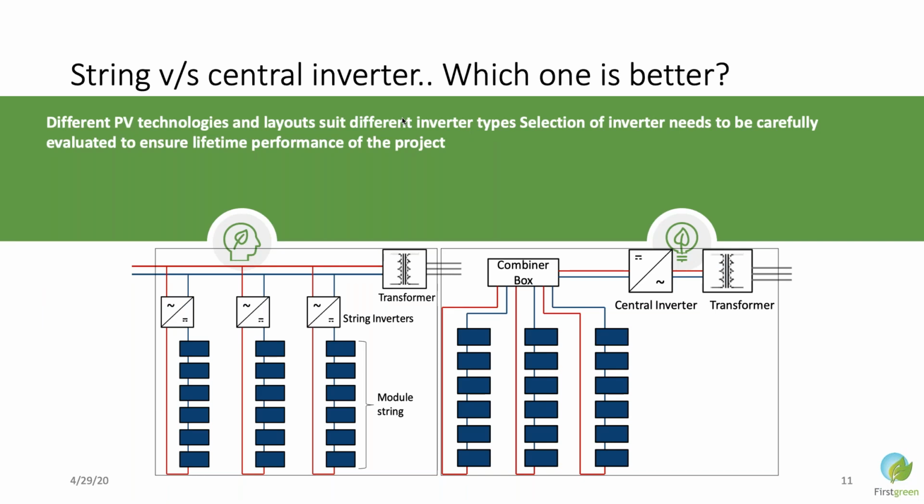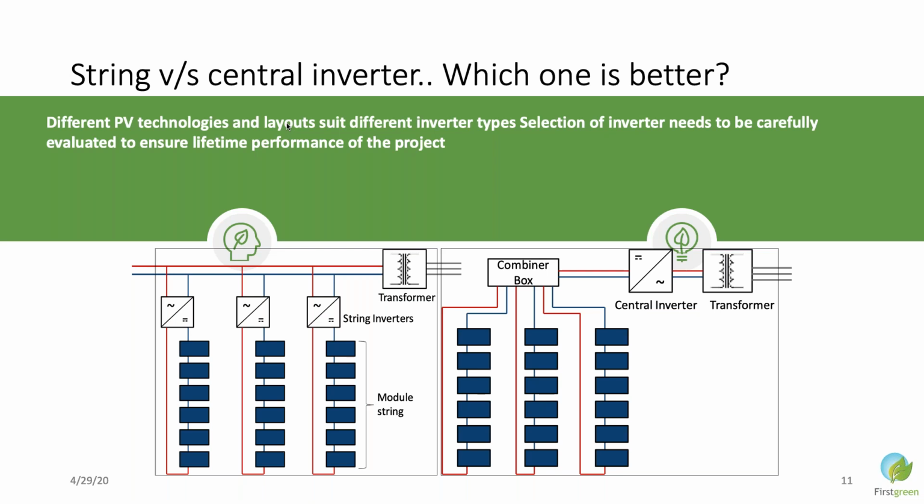One more approach which we discussed while we are in the final developmental phase. Now we need to finalize which option of inverter is better. There are approaches that use a string inverter, and there are approaches that use a central inverter. If you are using a string inverter, then you will not use a combiner box.